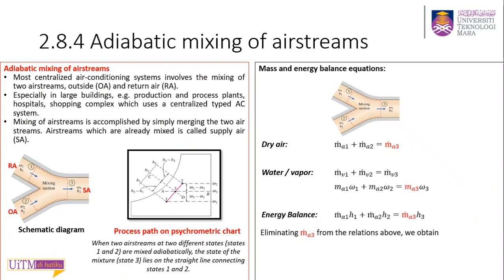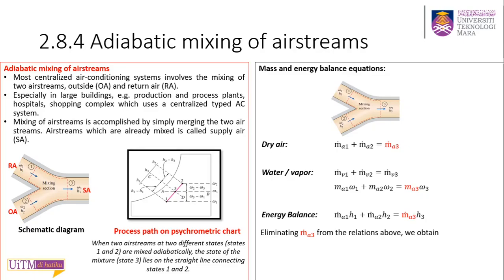The fifth and final air conditioning process for this subtopic is the adiabatic mixing of air streams. Adiabatic mixing of air streams usually occurs in large air conditioning systems used in shopping complexes, hospitals, and so on.